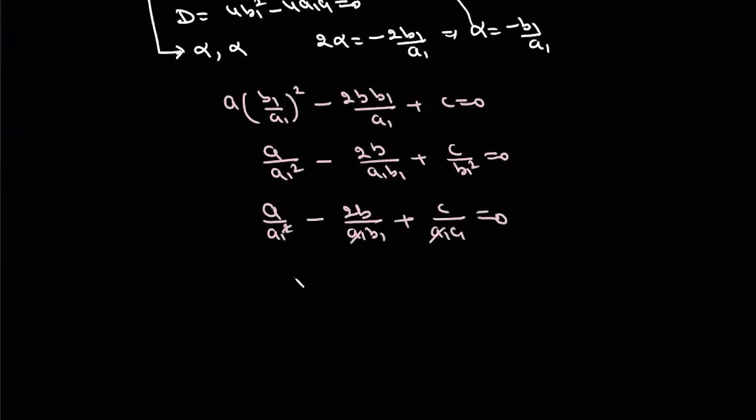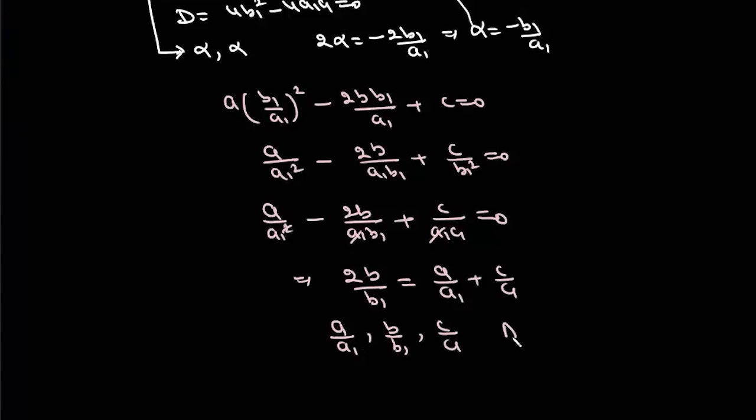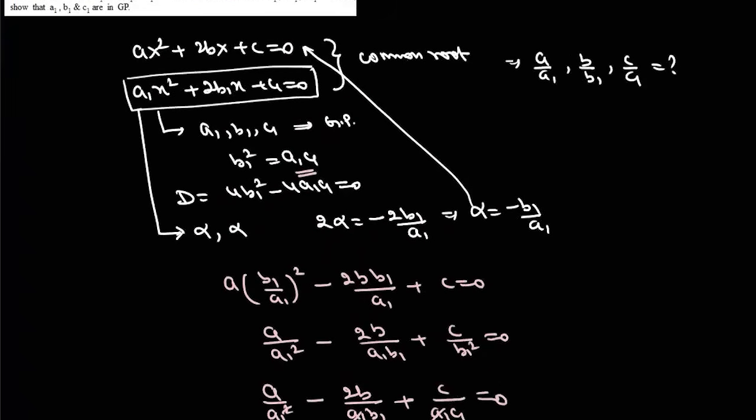So from here we'll get this condition that twice b upon b1 equals a upon a1 plus c upon c1, which means a upon a1, b upon b1 and c upon c1 are in AP. So this is how we prove that a upon a1, b upon b1 and c upon c1 are in AP. And at times they may ask you a1 upon a, b1 upon b and c1 upon c.